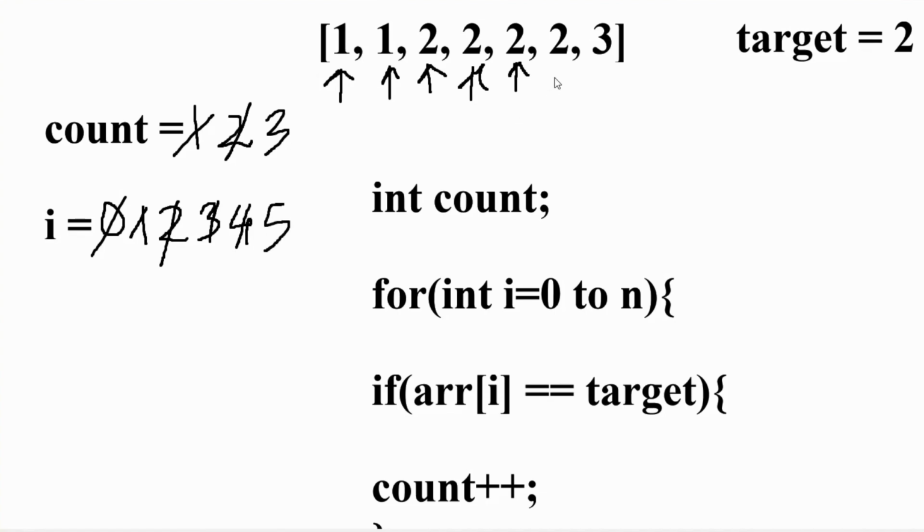Now we go to this element and check if it is equal to our target. Yes, so we update our count. Now i gets updated and has become 6. Then we go to this element and check if it is equal to our target.